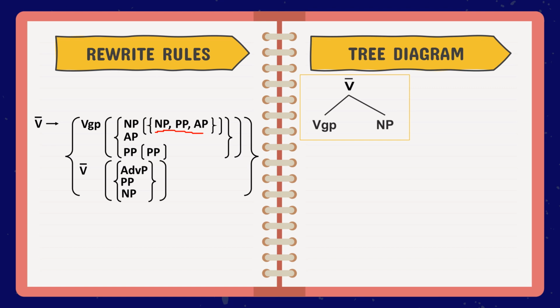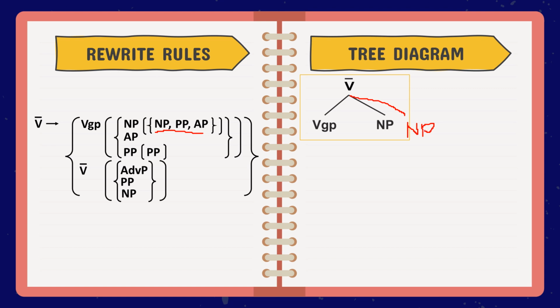If this is the case, and all of them are actually optional, we can extend or have another branch over here and then write the other element, which is NP.